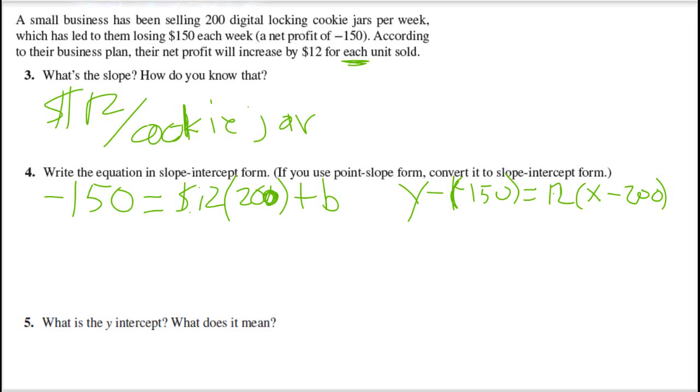So we multiply our 12x, or we distribute our 12. So 12 times x is 12x, minus 12 times 200 is 2,400. Subtracting a negative is like adding a positive. Okay. Over here, 12 times 200, that's our 2,400 plus b.